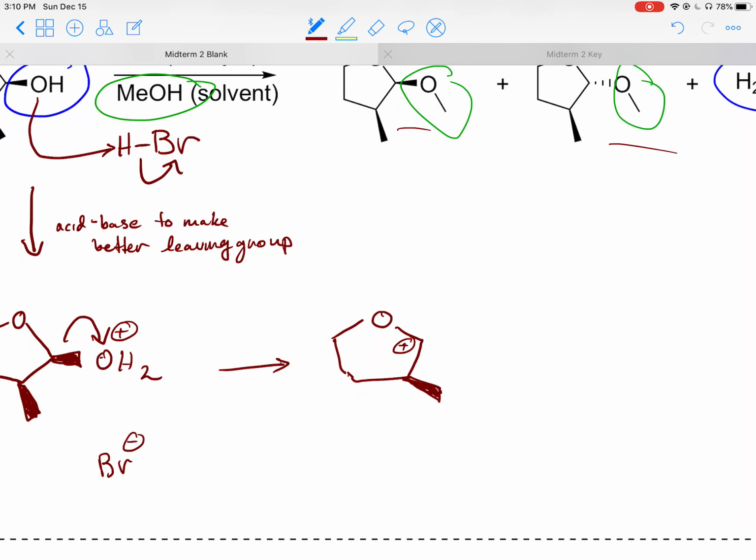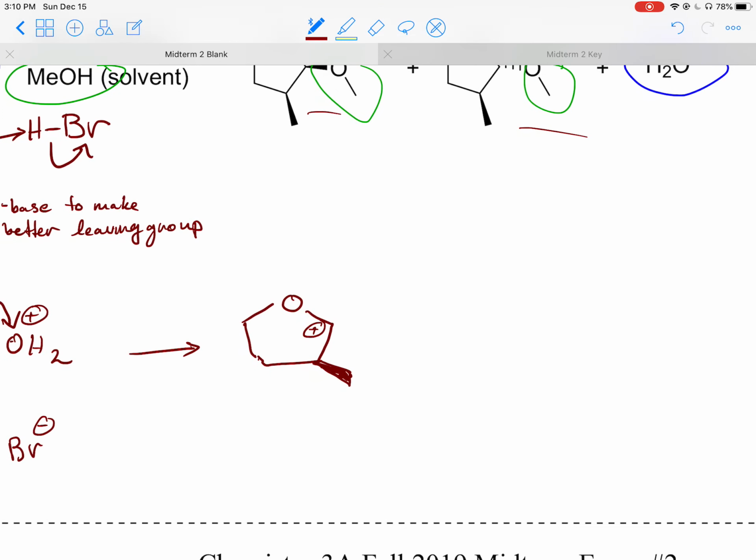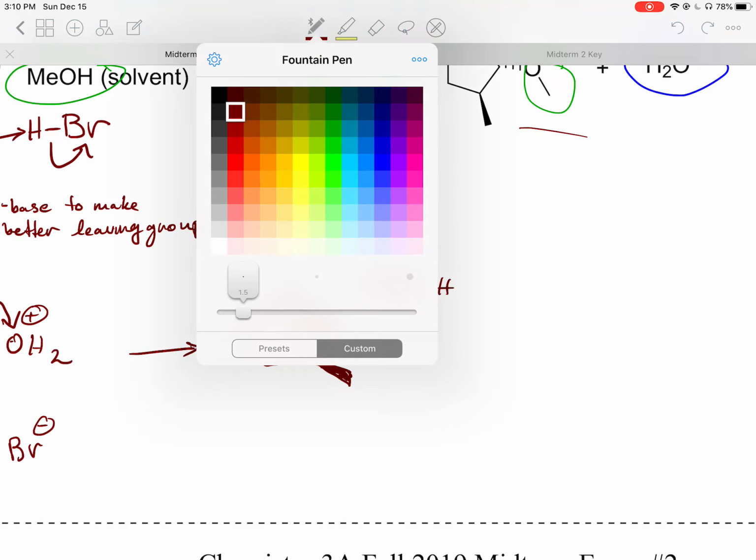So now we're going to have our methanol attack. So let's just draw that as MeOH. And so this can attack from above. Let's draw two different colored arrows.